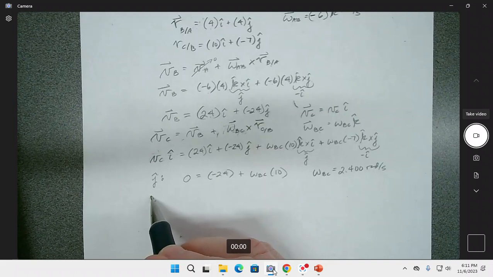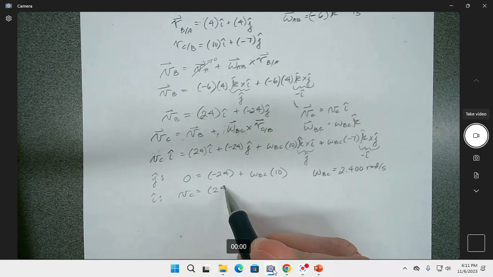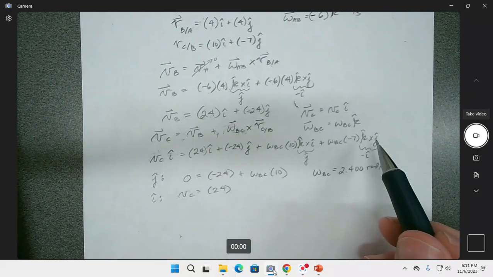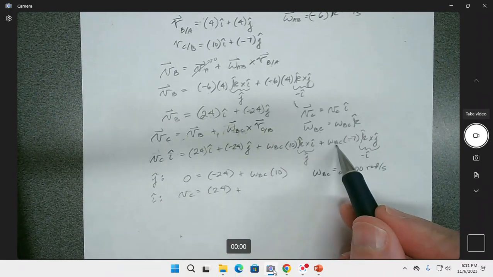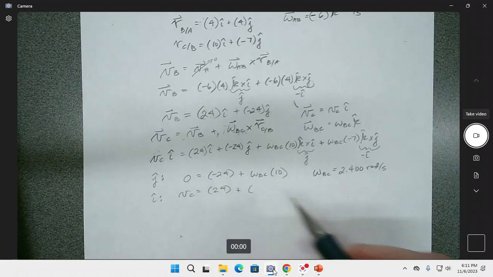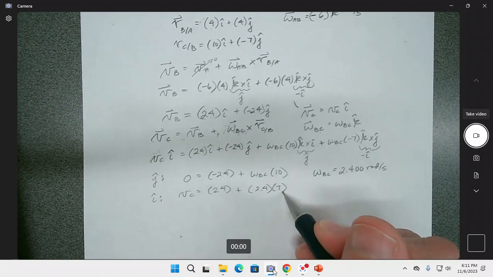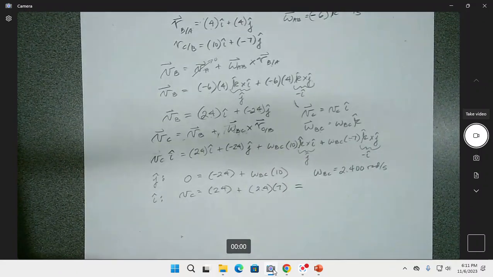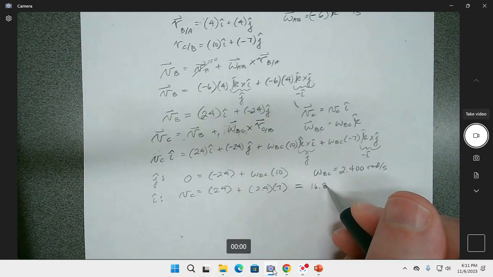We could plug that back into I. So we'll get VC is equal to 24. There's that negative and negative right there, so it's going to be a positive omega BC, which we just found, 2.4 times 7. We get 16.8.